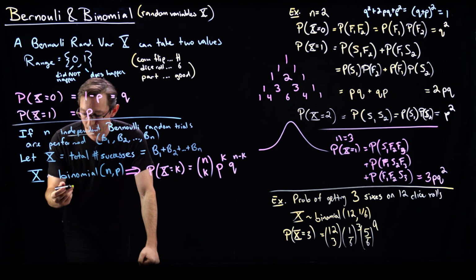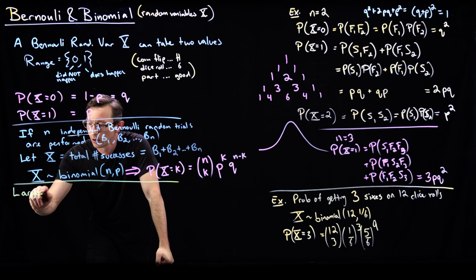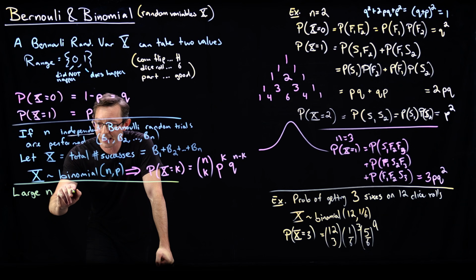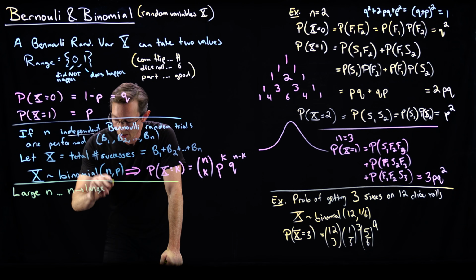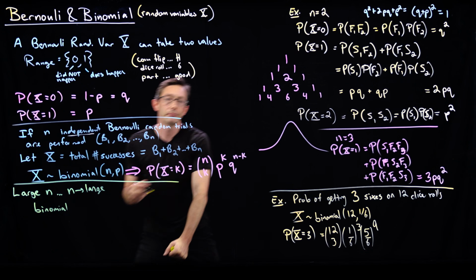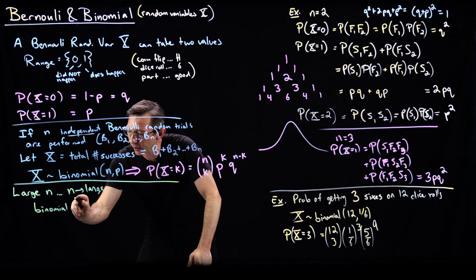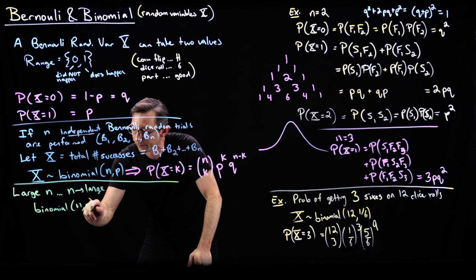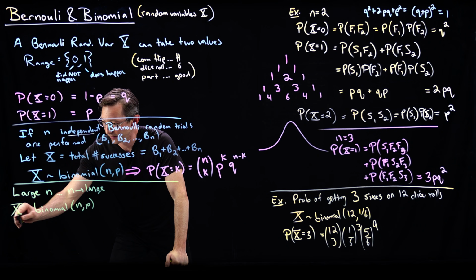And so that's the last thing I'm going to show you, that for large n, essentially as n goes to infinity or n gets large, our binomial distribution, with parameters n and p, starts to become... I'm just going to draw this really carefully.